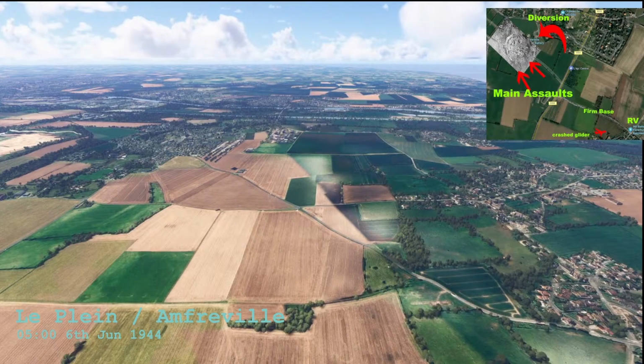They end up finding some stiff resistance at Amfreville. They get relieved on the 7th of June by Number 3 Commando.